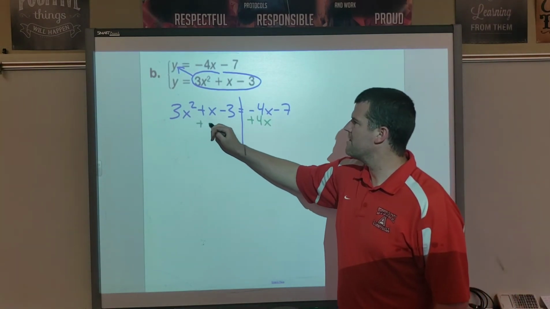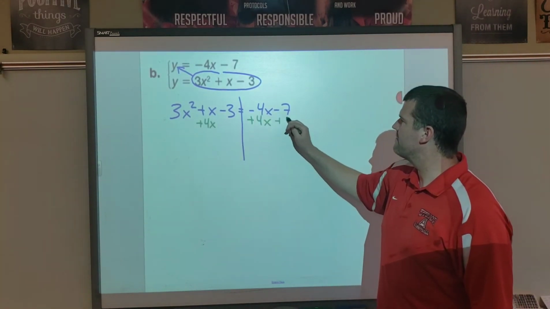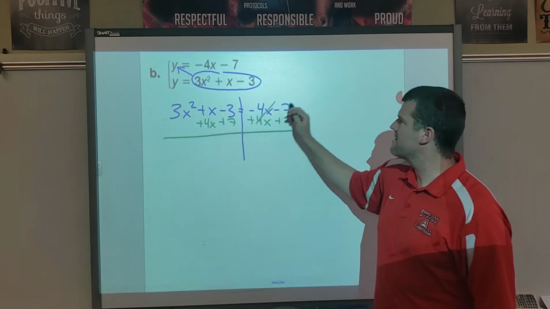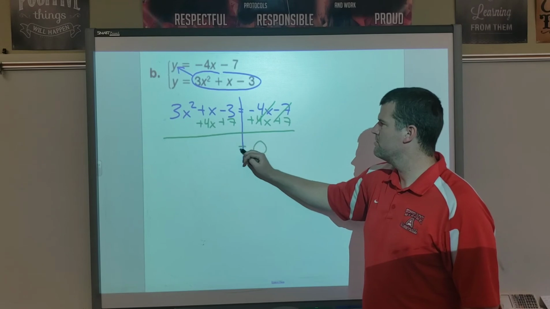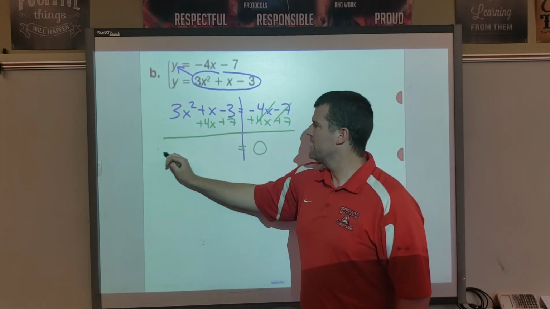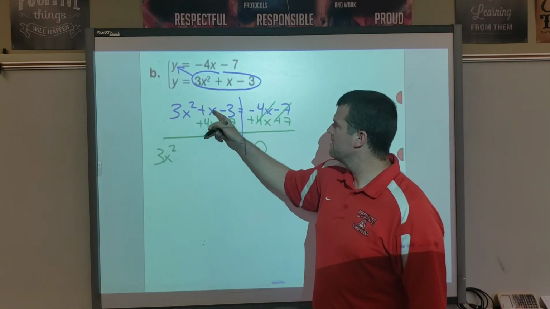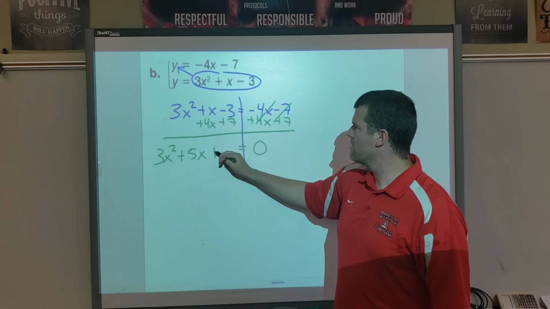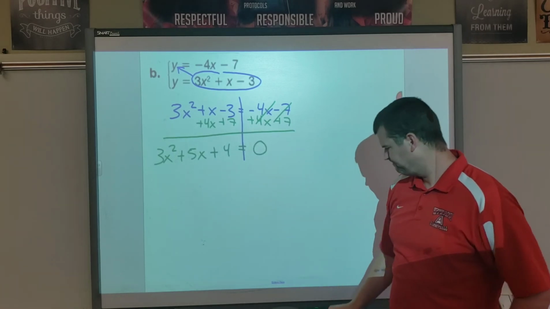So add 4x to both sides. Add 7 to both sides. And by doing that, this side of my equation is now 0, which is essential for standard form. And then if I combine like terms, I have 3x squared plus 5x plus 4 equals 0.